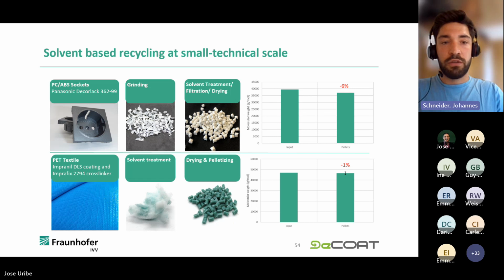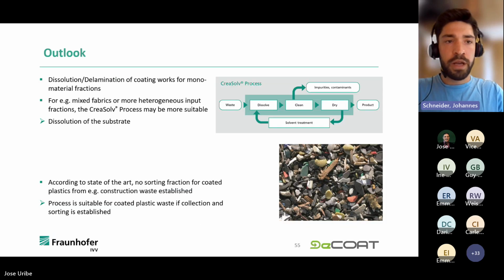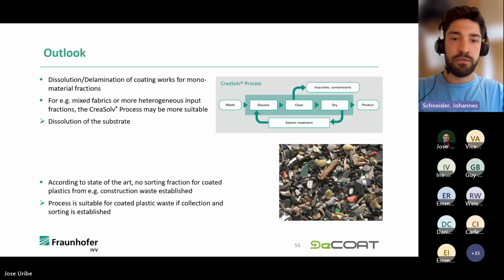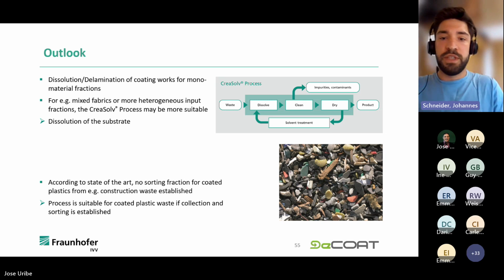To give you a short outlook on the last slide, we have seen very nice results. The dissolution, the elimination of the coating, works for most of the coating substrate combinations that we had in our project.